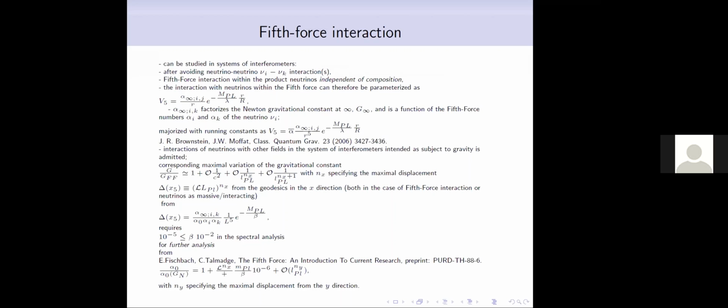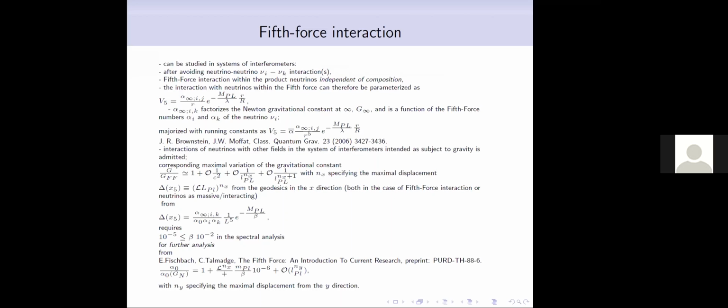And the potential due to the fifth force can be expressed as in the first equation, but can also be majorized in the second equation, for which we call V5 the potential, which can be majorized by considering running constants.